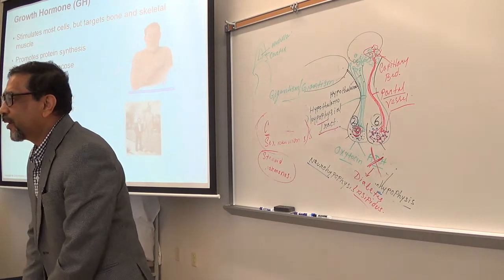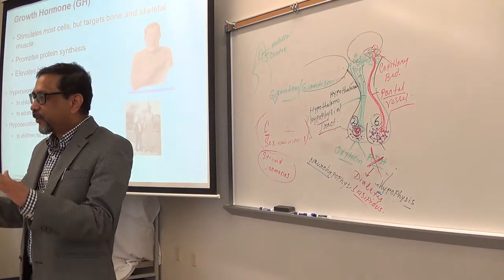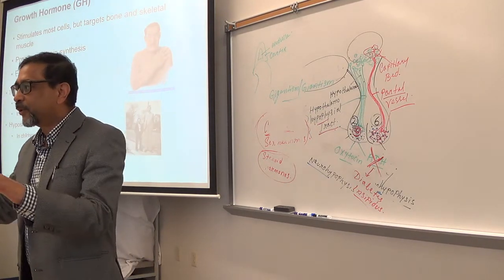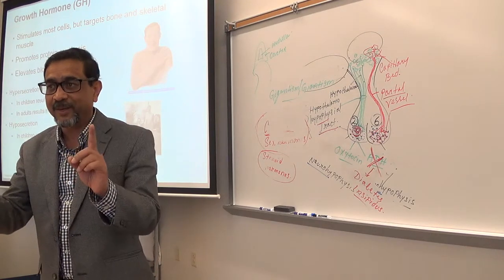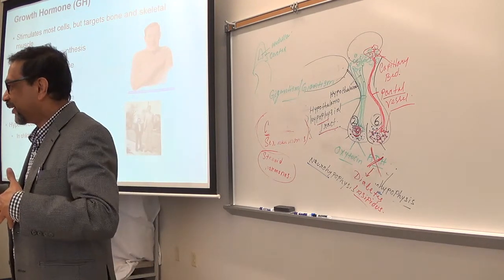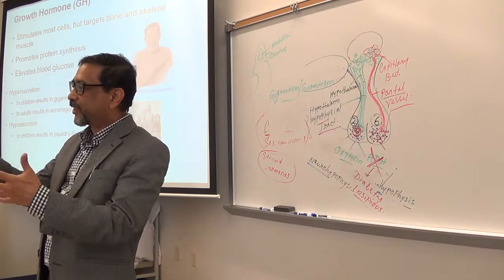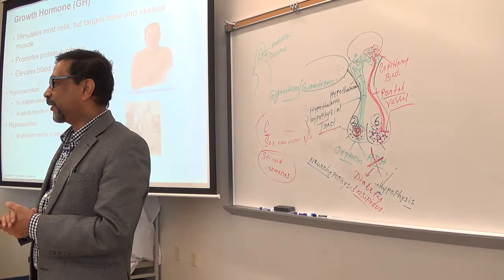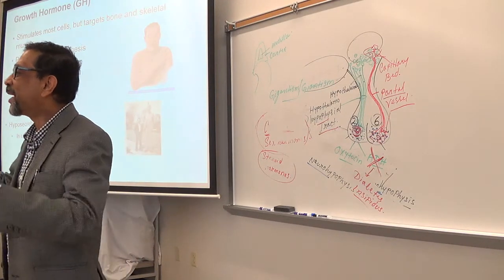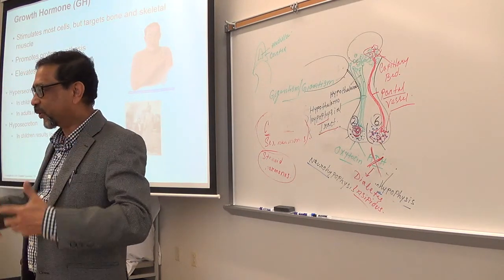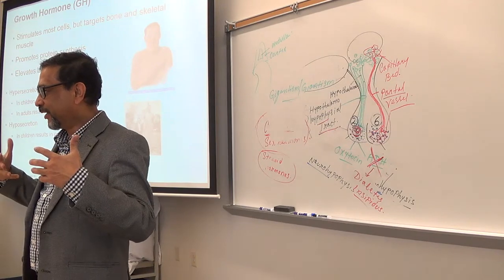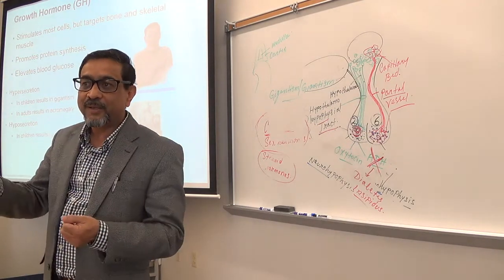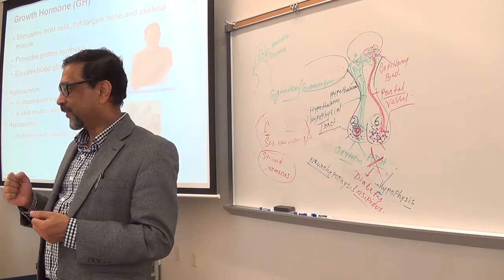Now, normal amount of growth hormone secretion is very important. Now you understand, right, for the normal growth of the body, right? If the growth hormone secretion during the growth of the body is less than normal, then the person will not grow adequately, will not grow normally, right? So that will cause what? Dwarfism.